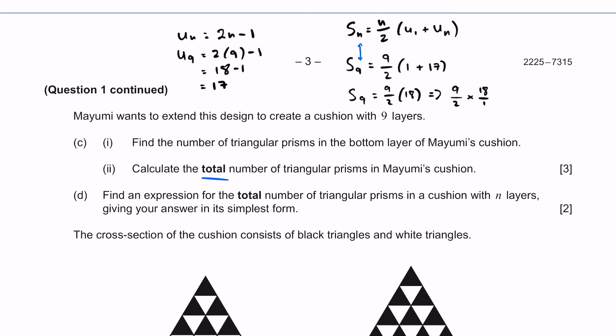And then remember, 18 over 2, this would become 9, this would become 1. And now we have 9 times 9, multiplying both numerators, becomes 81. And then 1 times 1 is just 1, so we can leave it as 81 over 1 or just as 81. So in this case, there are 81 total triangles in a cushion with 9 layers.